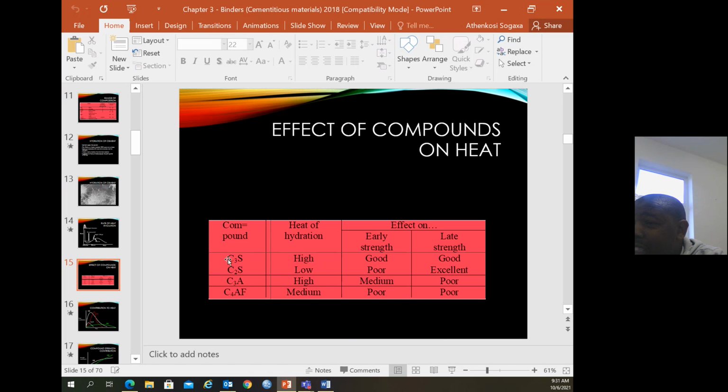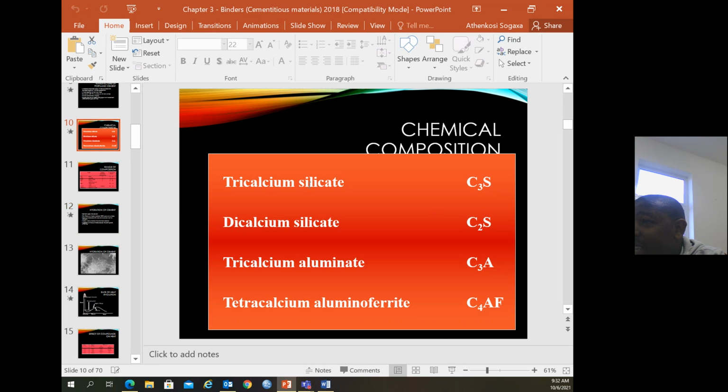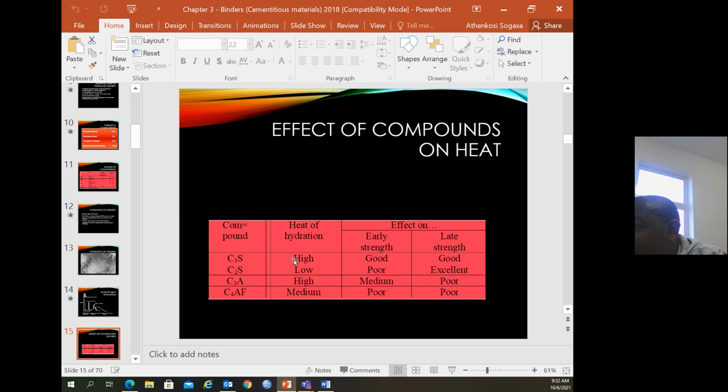We spoke about C3S at this point here. C3S is tricalcium silicate, and the second one is dicalcium silicate. Tricalcium silicate has a high heat of hydration and high strength.